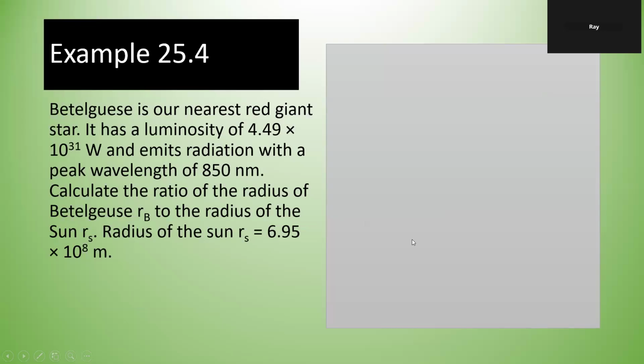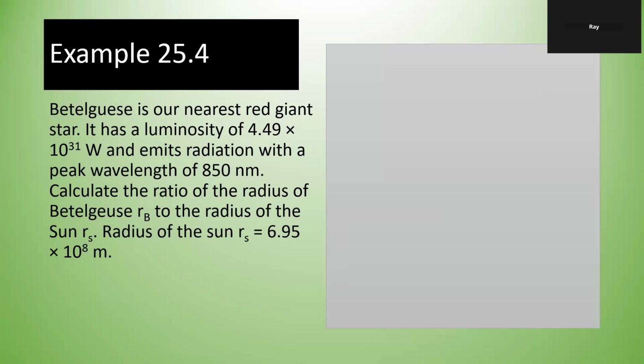Okay, try this question. Betelgeuse is our nearest red giant star. It has a luminosity of 4.49 × 10 to the power 31 watts and emits radiation with a peak wavelength of 850 nanometers.